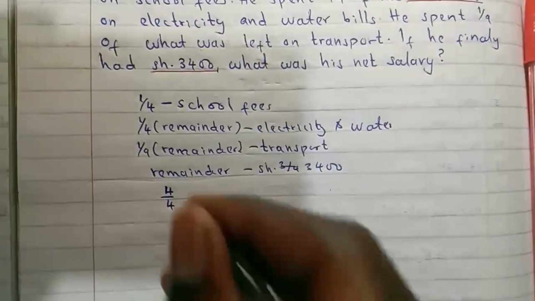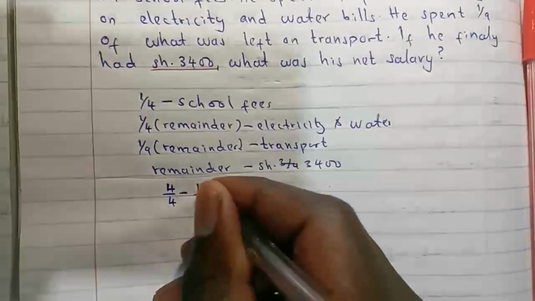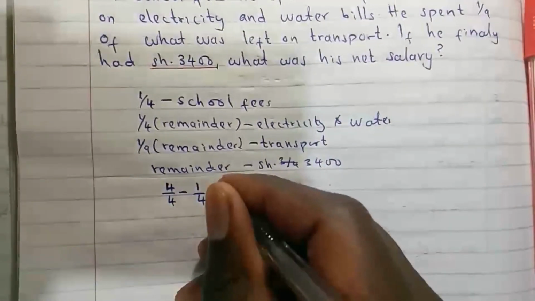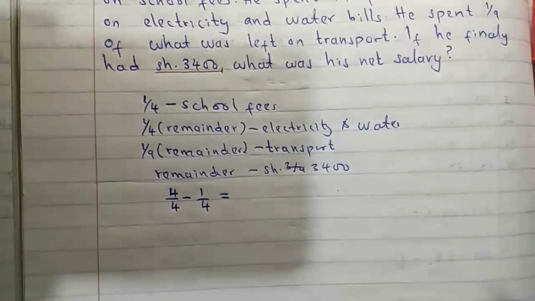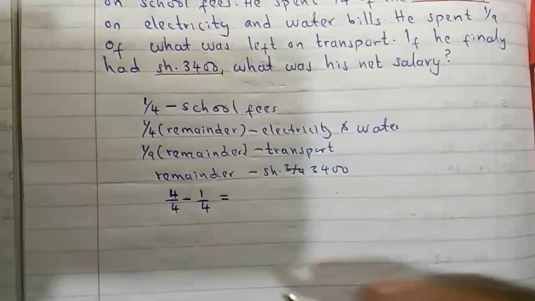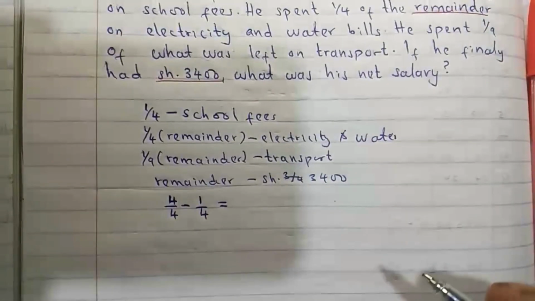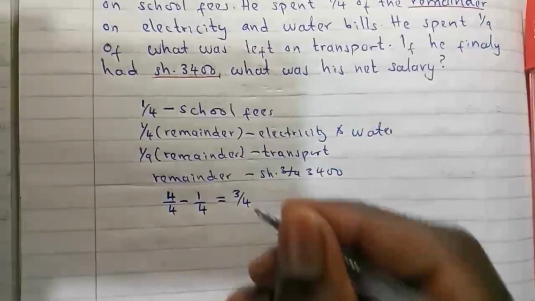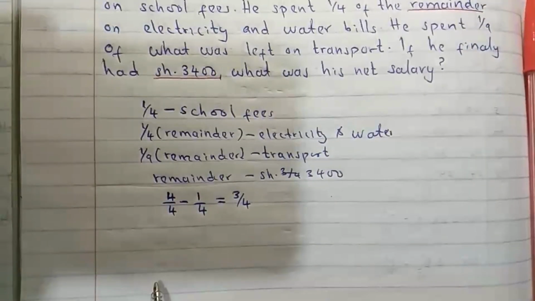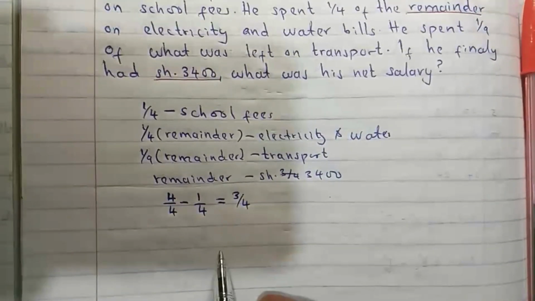We let the net salary be 4/4. We subtract a quarter which has been spent. Since these are fractions which have the same denominator, we subtract them directly. So this one is going to remain 3/4. After spending a quarter, Charles remains with 3/4.